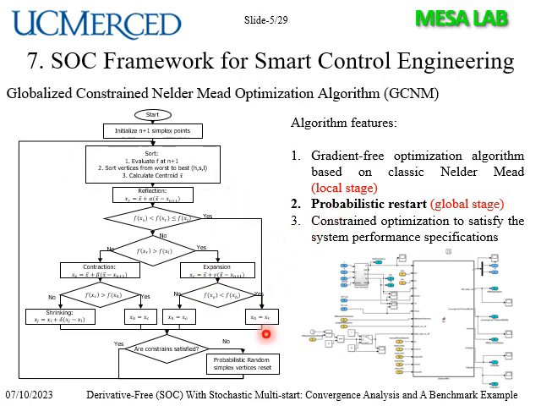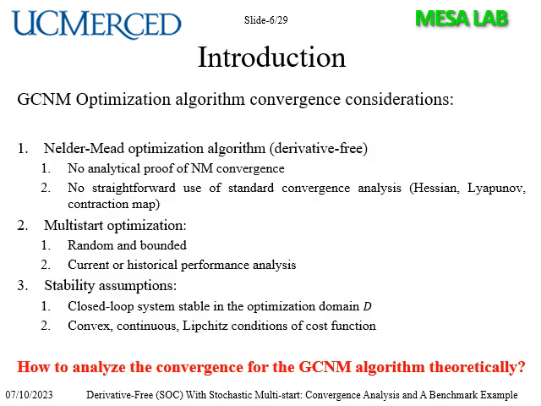One is a local search stage, which is the Nelder-Mead, and the other is a probabilistic restart. Once the Nelder-Mead convergence is reached, we evaluate if the solution satisfies the conditions. Otherwise, we restart the classical Nelder-Mead search from a different initial condition. So in that sense, we have a probabilistic restart, so we can reach the global optimal solution.